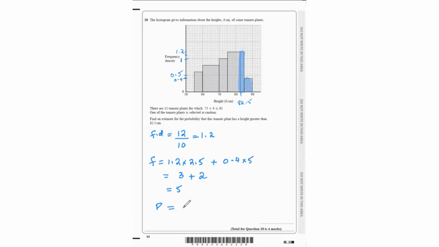So the probability would be 5 out of the total number of plants. For the total number of plants, we need to figure out the frequency density for each bar. So this one would be 0.6. This would be 0.8. This is 1, 1.2, and this is 0.4. So for the frequency, let me do that separately over here.